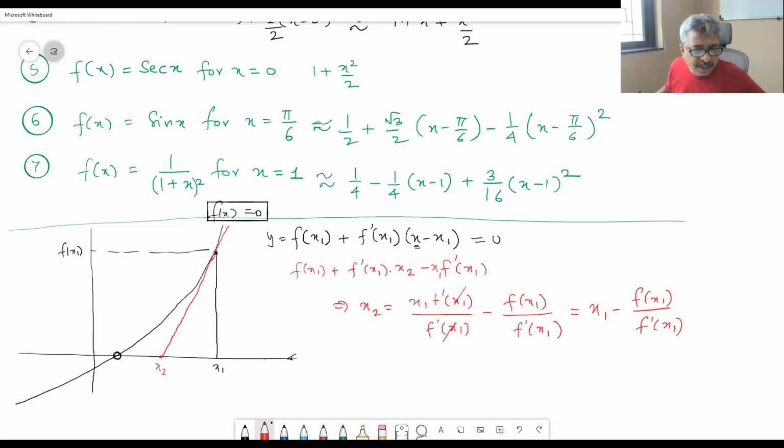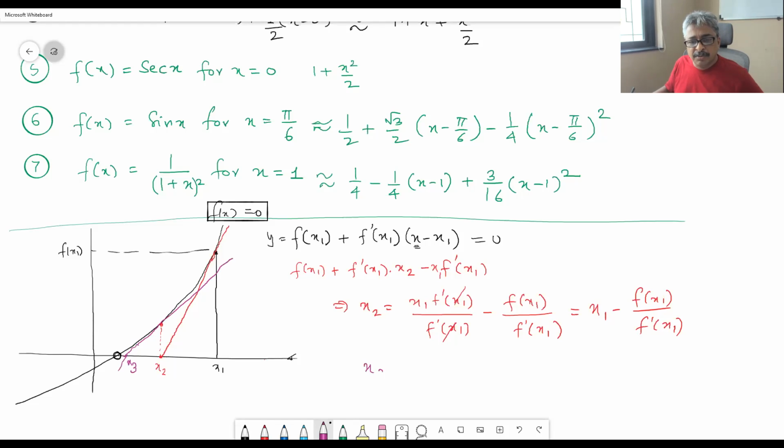So if I got this point, I go here vertically up and then do the same thing. At this point, if I draw a tangent, it will be like this. And then if I solve this tangent simultaneously with the x-axis, I will get x3.